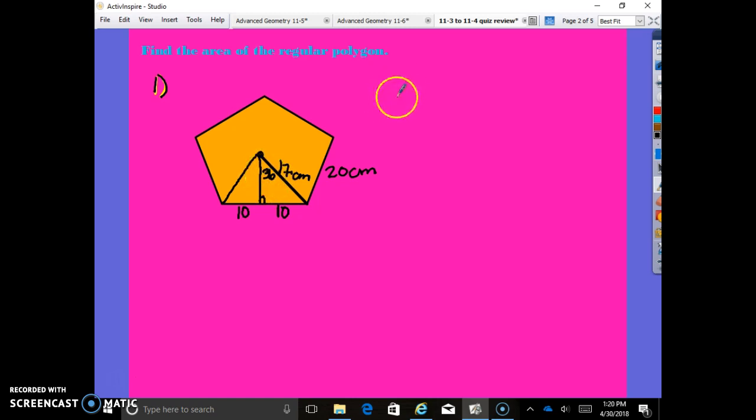So to find the area of a polygon, the area is going to be 1/2 the apothem times the perimeter, or the area of this triangle, right? The area of the triangle, 1/2 base times height, times 5 of them. Well, the perimeter, that base times 5, is the perimeter, so it's actually the same exact formula.